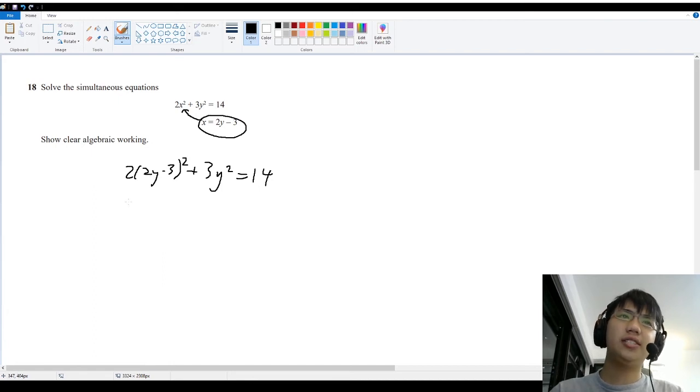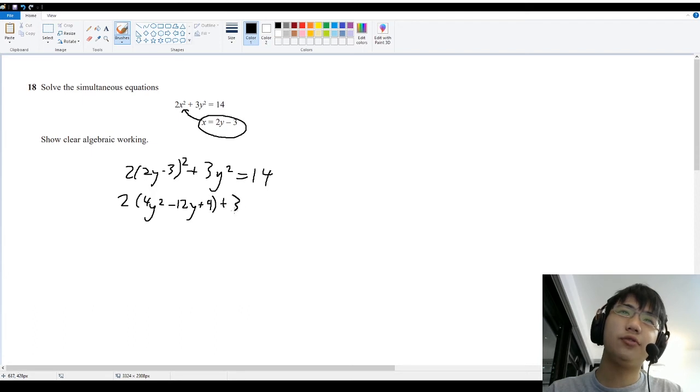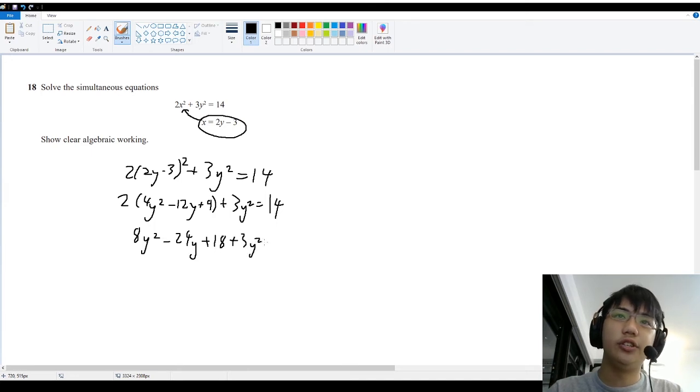So (2y minus 3) squared would be 4y squared minus 12y plus 9, plus 3y squared equals 14. We multiply this out by 2, so 8y squared minus 24y plus 18 plus 3y squared equals 14. Adding the like terms together and taking 14 from both sides, we get 11y squared minus 24y plus 4 equals 0.